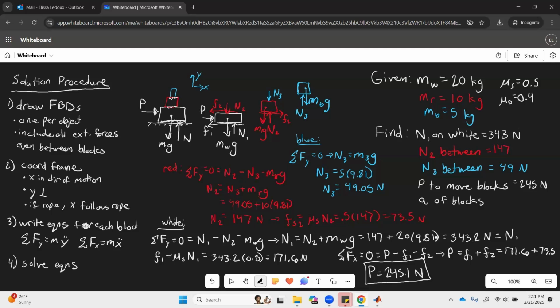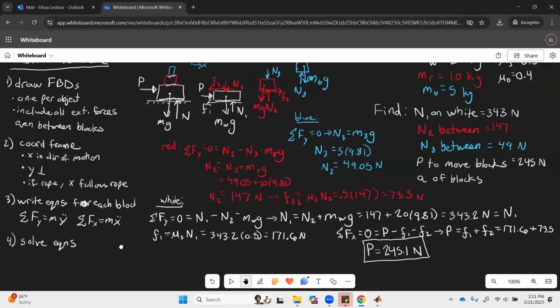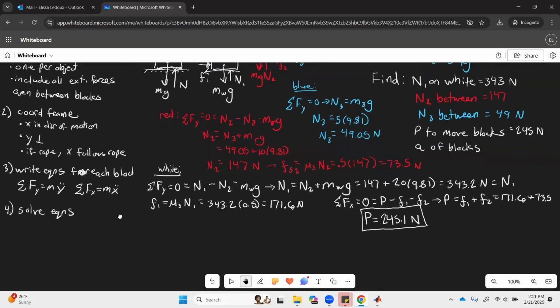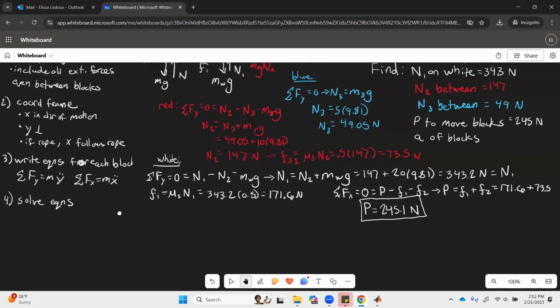Okay, so for the dynamic friction, then we're basically going to have the same sum of the forces in X equation, except instead of equaling 0, it'll equal mass times acceleration. And then instead of static friction, we'll have dynamic friction. So let's push this down a little bit, and then we will have more space to write that. So we need to be able to figure out the dynamic friction now for everything.